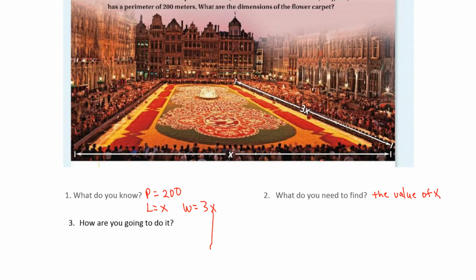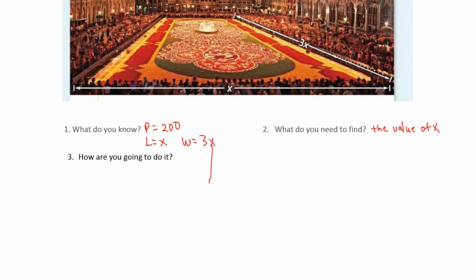To do that, I'm going to use my formula for perimeter. My perimeter formula says perimeter equals 2 times length plus 2 times width. So I can substitute in place of my L, I can put x, and in place of my W, I can put 3x. And then I also know that my perimeter is 200, so I can make that substitution.